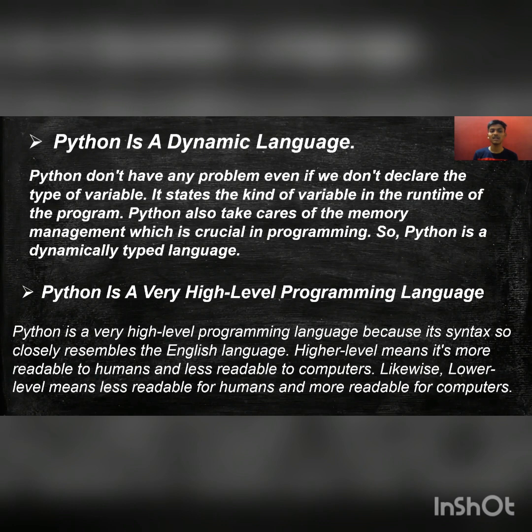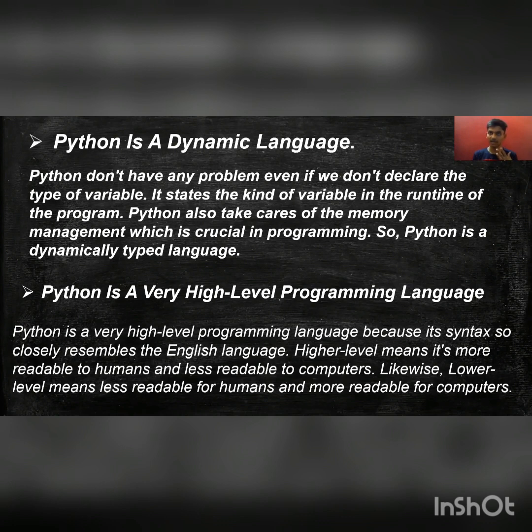Python is a very high level language because it is more readable to humans when compared to computers. Likewise, lower level means the opposite of higher level.